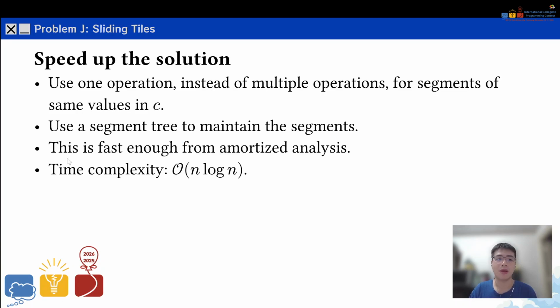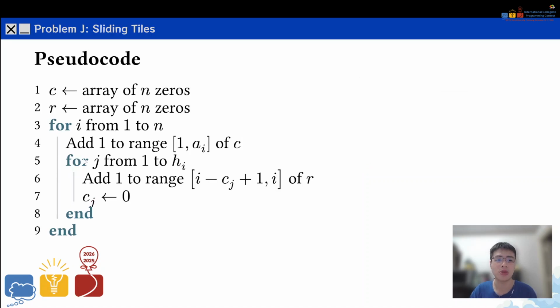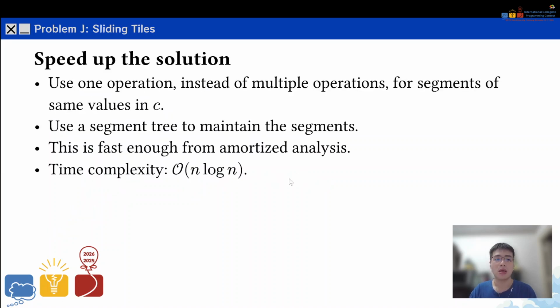And this is fast enough from an amortized analysis, because, as you can imagine, each operation you do here and here will only add a constant number of segments. So we will only need to deal with an O(n) number of segments. So the time complexity of this algorithm is O(n log n).